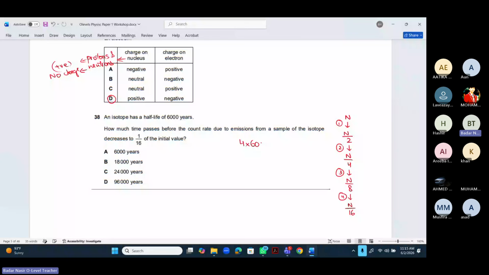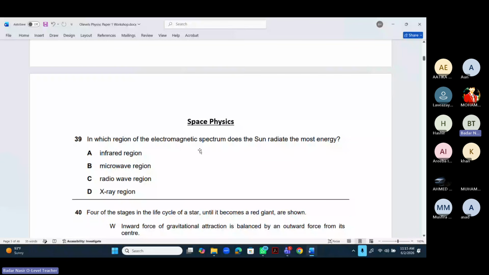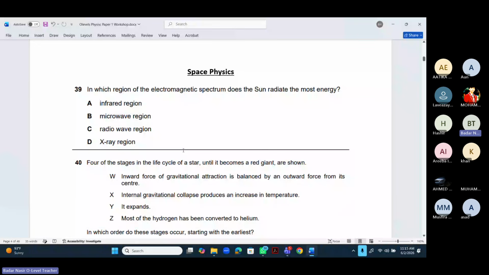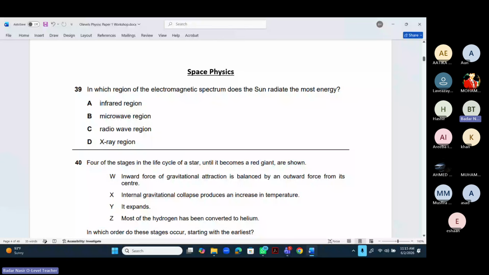Okay, so ये तो हमारे हो गए questions for the nuclear physics. Now for space physics, in which region of the electromagnetic spectrum does the sun radiate the most energy? Okay, so सबसे ज्यादा एनर्जी सन किस में रेडिएट करता है?